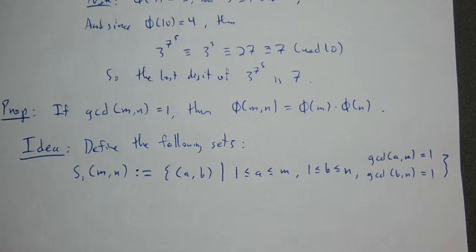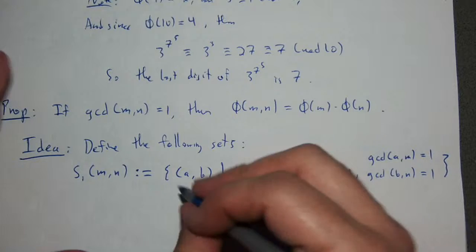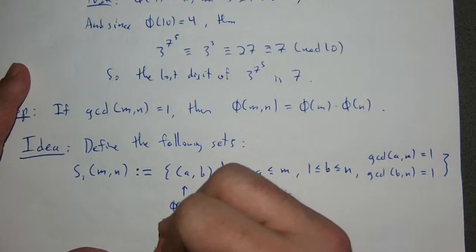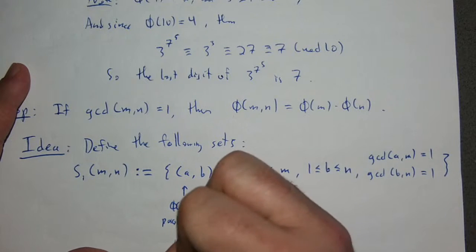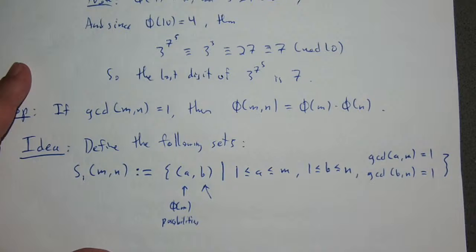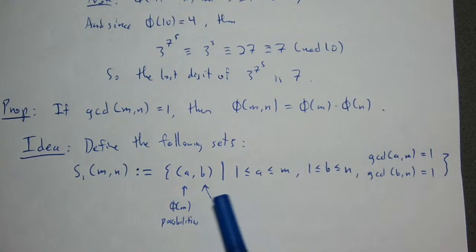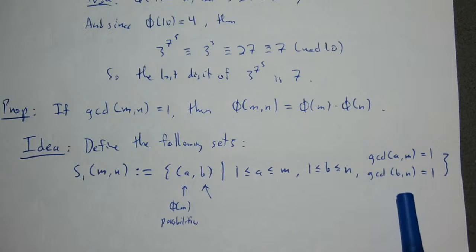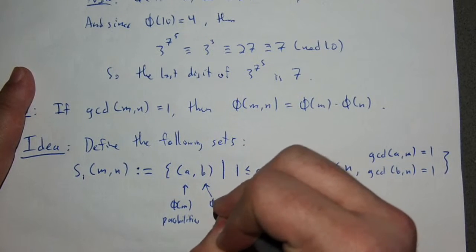There's phi of m. That's exactly what phi of m is: the number of integers between 1 and m that are relatively prime to m. So in the first slot, I have phi of m possibilities. And in the second slot, how many possibilities do I have? This is counting the total number of integers between 1 and n that are relatively prime to n. So that's phi of n possibilities.